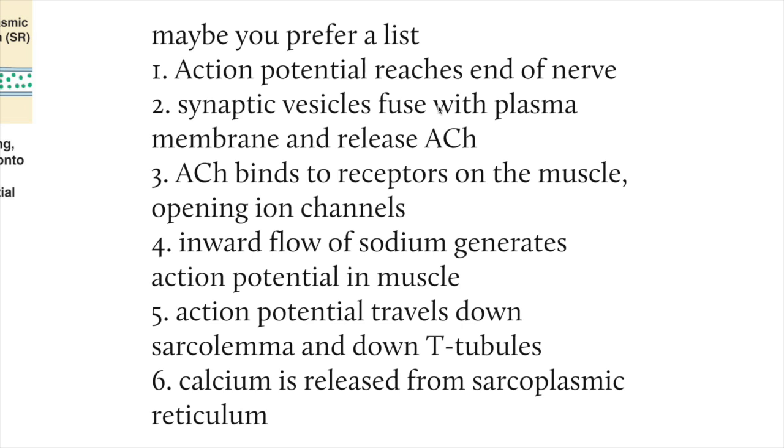Synaptic vesicles fuse with the plasma membrane and release acetylcholine. Acetylcholine binds to receptors on the muscle, opening ion channels. The inward flow of sodium generates an action potential in the muscle. And the action potential travels down the sarcolemma and down T-tubules. And then calcium is released from the sarcoplasmic reticulum.